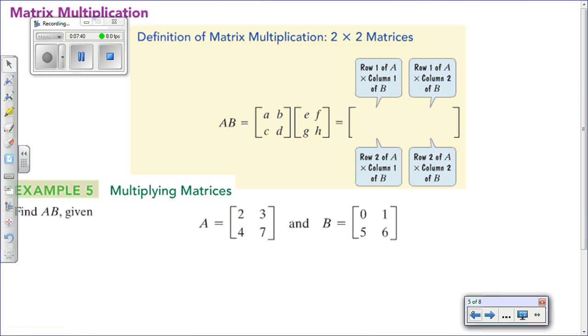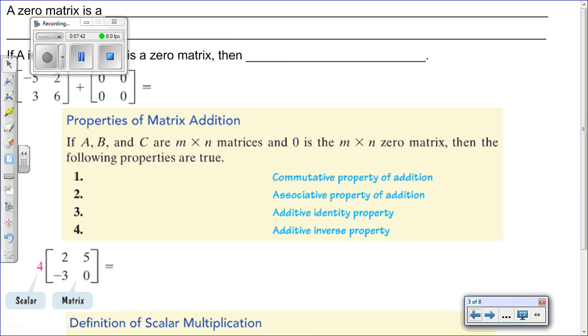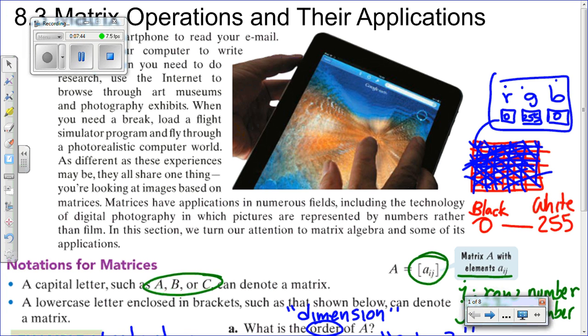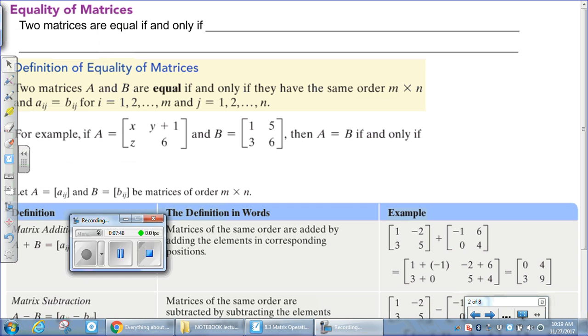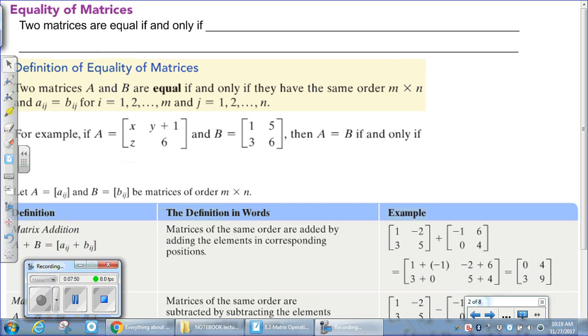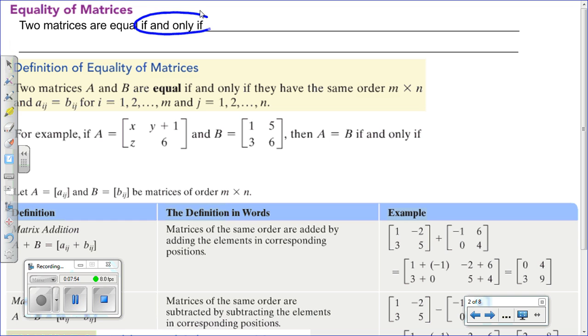So let's go back to the second slide. Okay, so we have a little statement here, so let's write it down. Two matrices are equal if and only if, remember this is the double arrow, like if one way is true, the other way must be true as well.